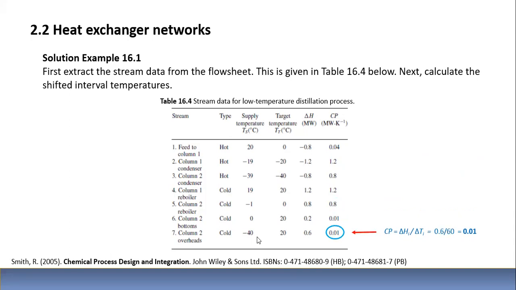And the last one, 0.6 divided by the difference in temperature, which is 60, from minus 40 in the negative region to 20 in the positive region, so it's 60 degrees difference, is 0.01.